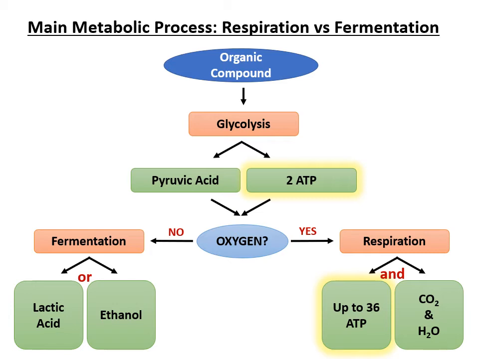What I want you to know for these two things is how they will differ in terms of presence or absence of oxygen, and how much ATP will an organism get in respiration versus fermentation, and whether they are a eukaryote or a prokaryote, which we'll talk about more in a couple of slides, but basically the idea is prokaryotes have no nucleus.